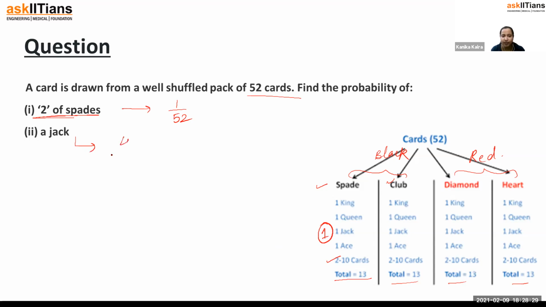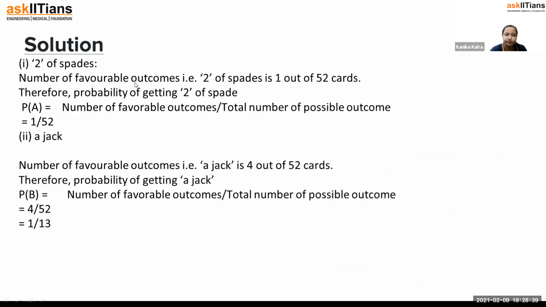So there are 4 jacks divided by the total. So you get the result as 1 over 13. That's the probability of getting a jack. Let's look at the solution. As we discussed, so 1 by 52 for getting 2 of spades and 1 by 13 as the probability of getting a jack out of total 52 cards.